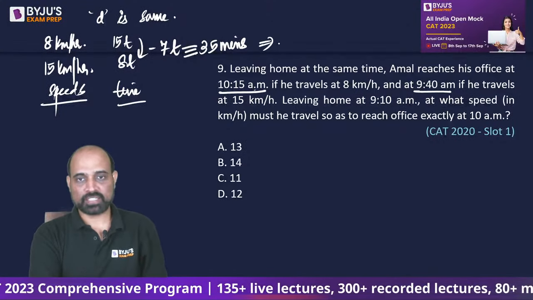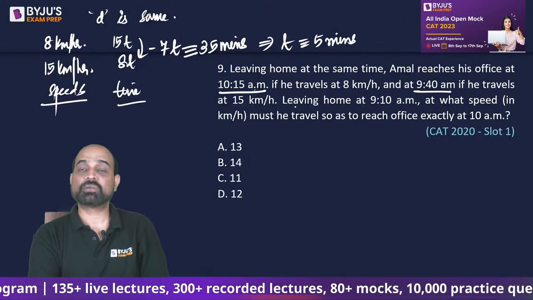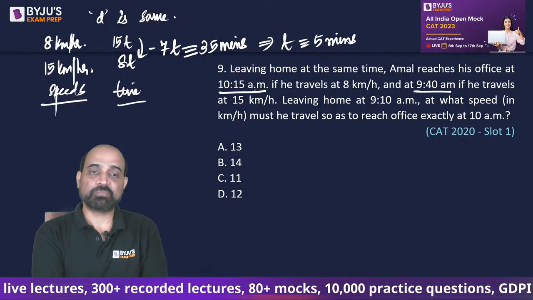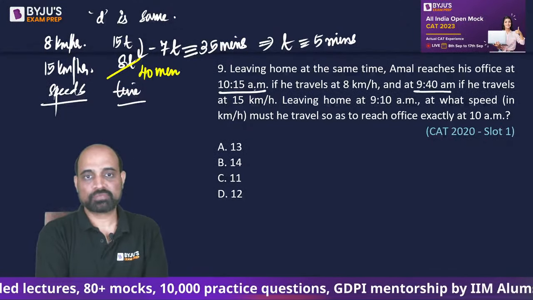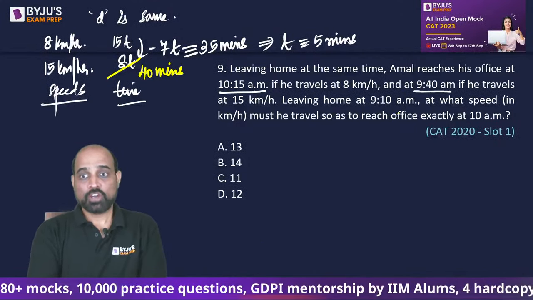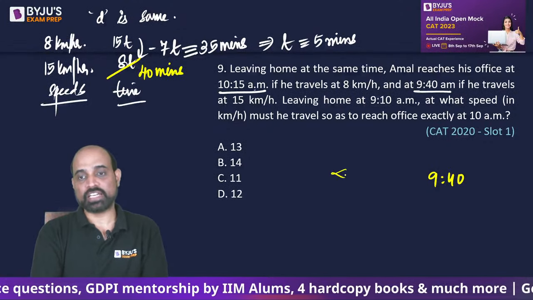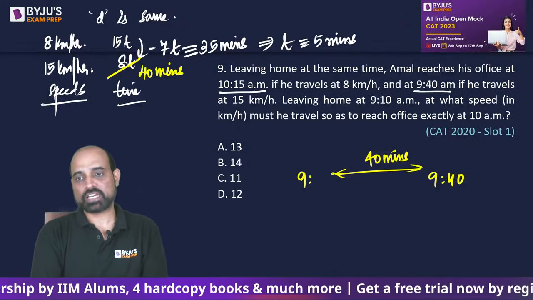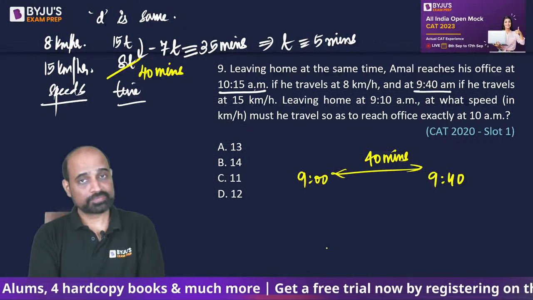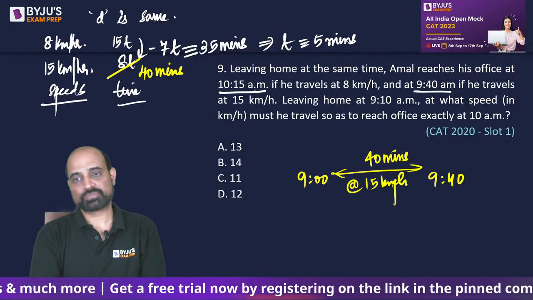Now this makes sense. So T becomes 5 minutes. If T becomes 5 minutes, that means 8T will become 40 minutes. बोले तो somebody who reaches somewhere at 9:40 after traveling for 40 minutes, this guy must have left his home at 9, ताकि इसकी स्पीड यहां पे रही थी 15 kmph.